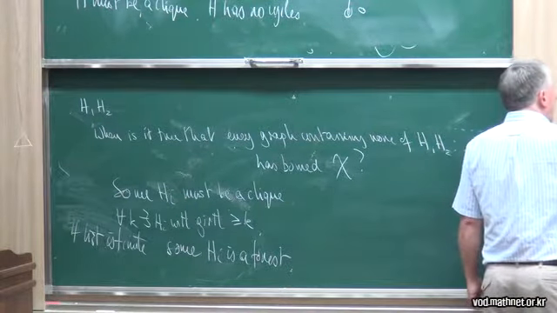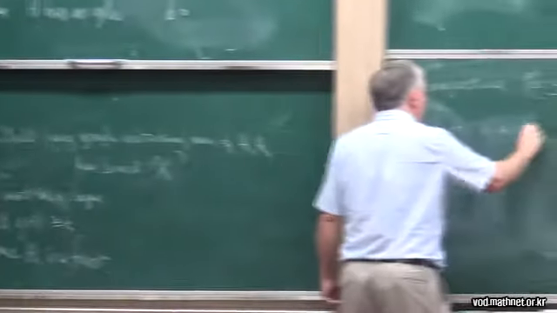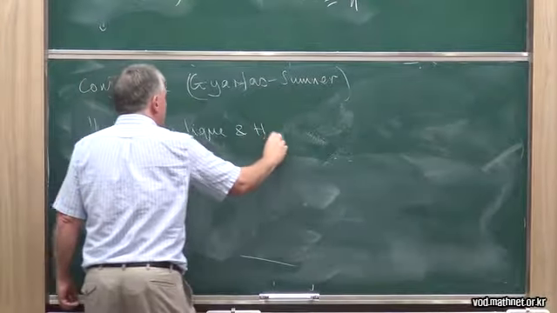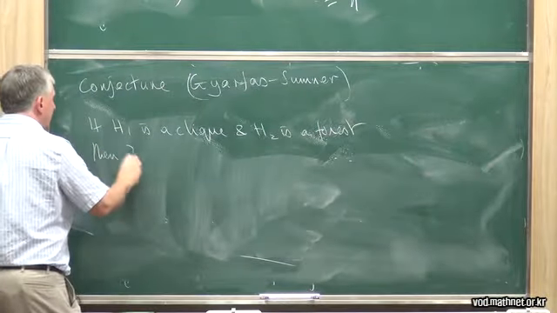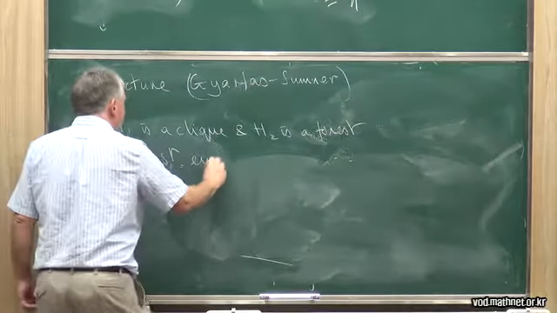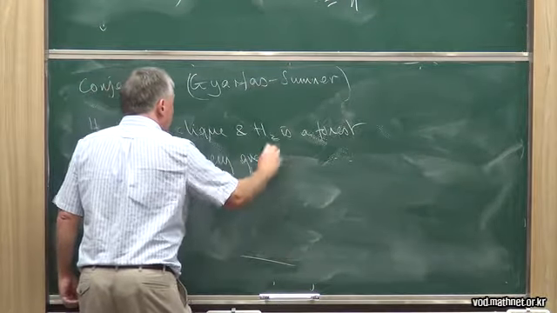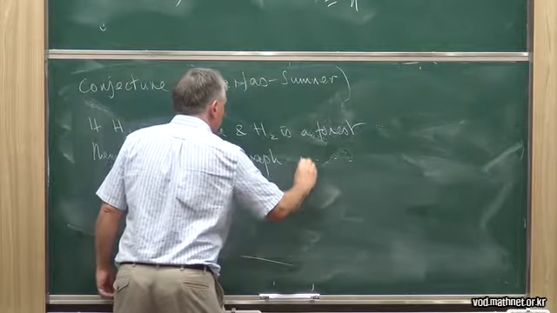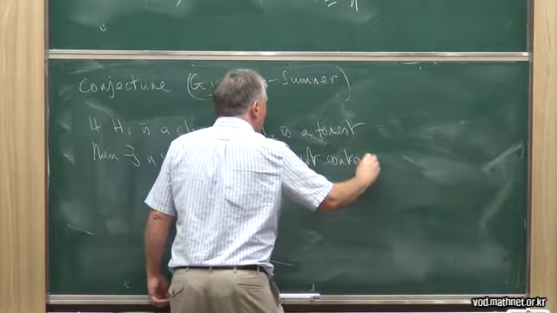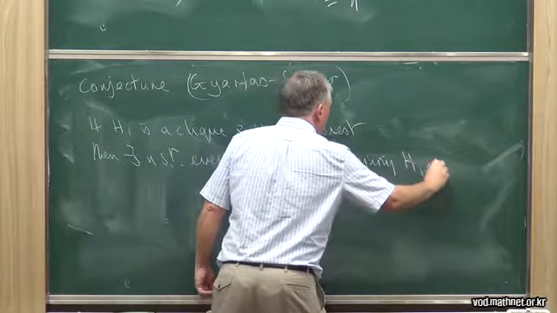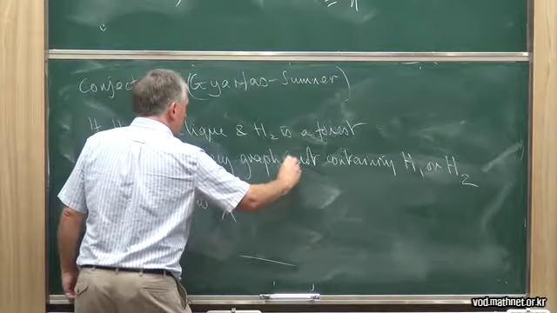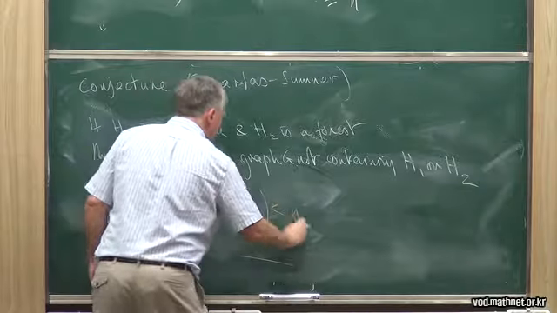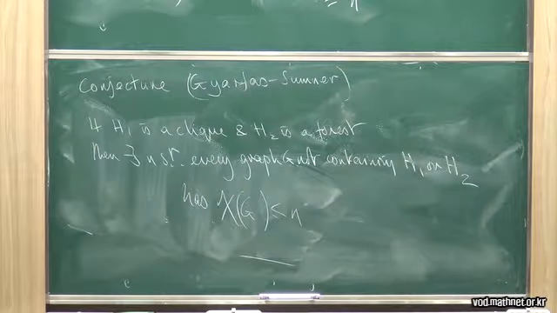That if H1 is a clique and H2 is a forest, then there exists N such that every graph G containing neither one of them has chromatic number at most N. So if you go for excluding two graphs instead of just excluding one graph, suddenly it becomes a nice question.